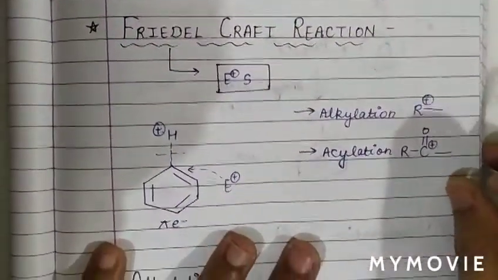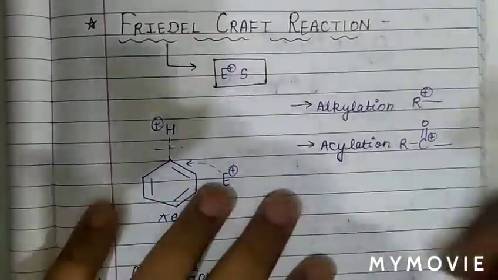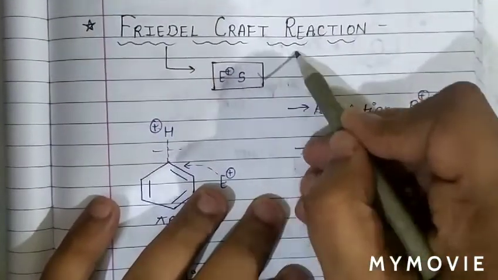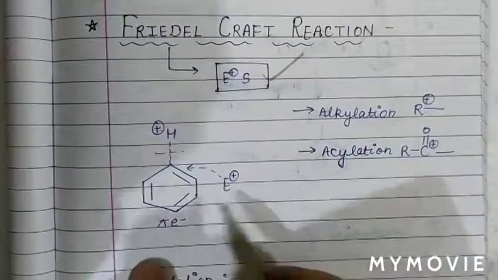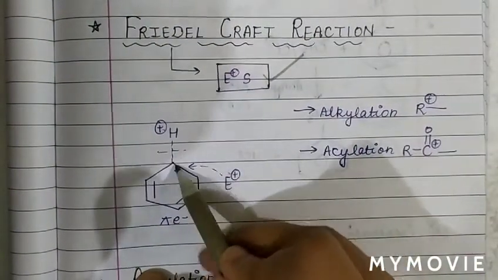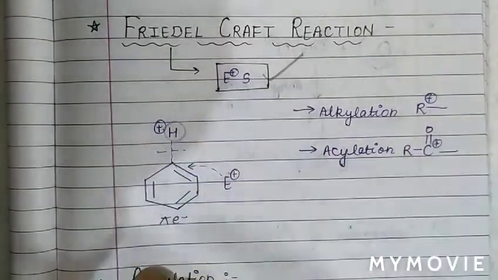Now we will discuss the Friedel-Crafts reactions. Basically, the Friedel-Crafts reaction is also an electrophilic substitution reaction. Again, the pi electrons between these two carbons will break and the electrophile attacks, then the old electrophile is removed.